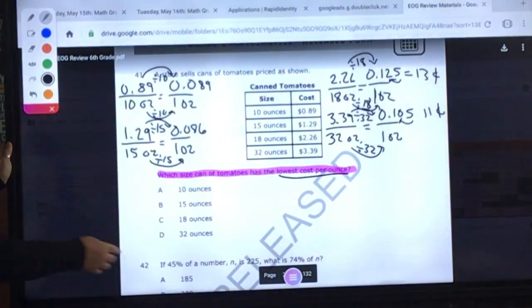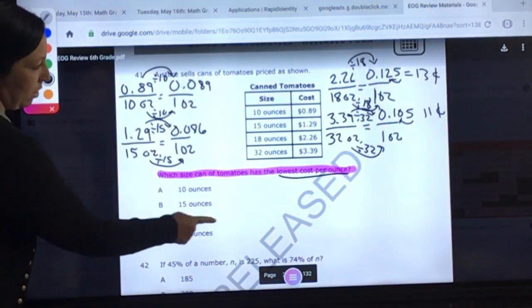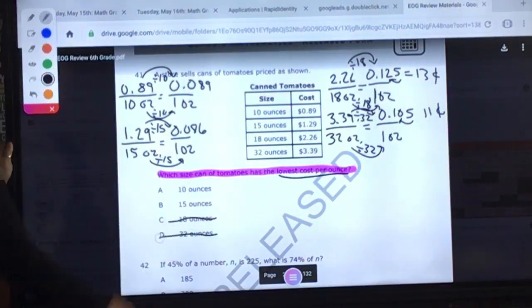So we can get rid of the 18 ounces and the 32 ounces, right? Why can we get rid of both of those? Y'all, this is not a rocket science question. Why can we get rid of C and D? Emma.